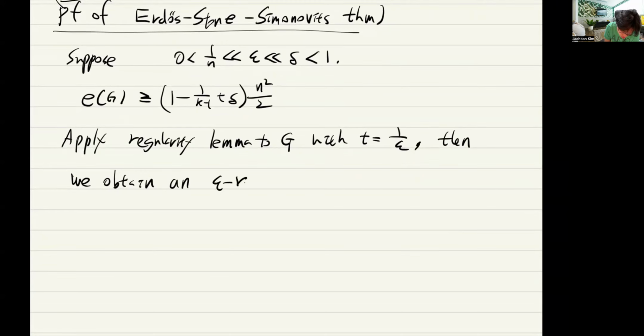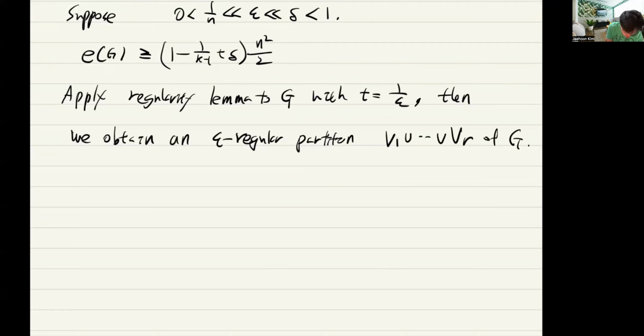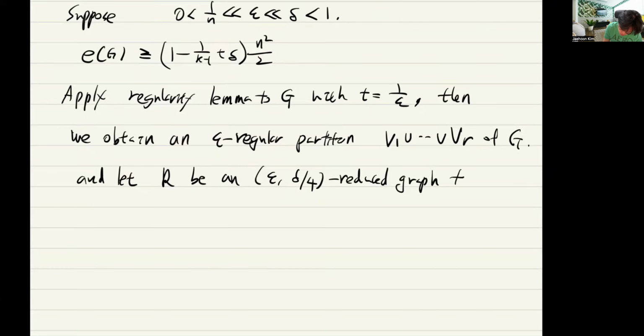We obtain an epsilon-regular partition B1 to BR of G. And let R be the reduced graph, with epsilon, say delta over 3, say delta over 4, for this epsilon-regular partition.